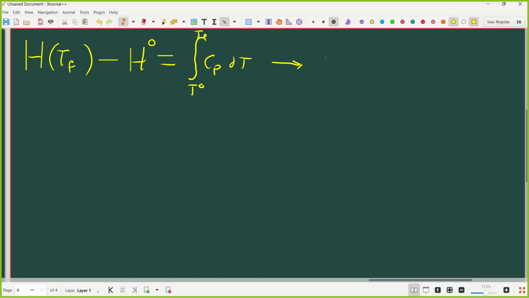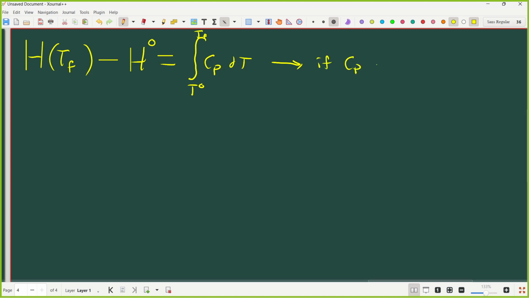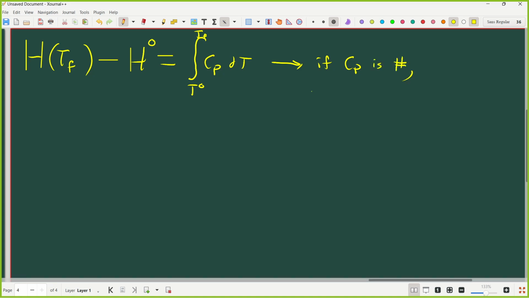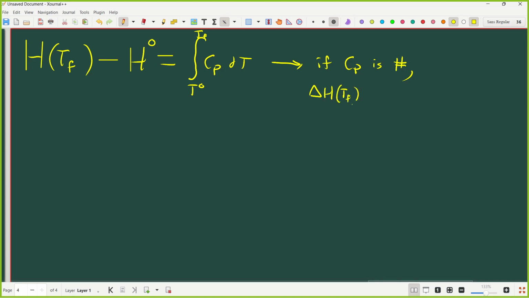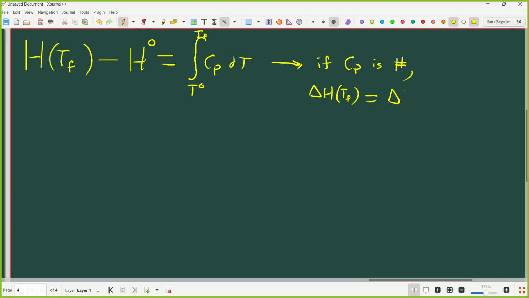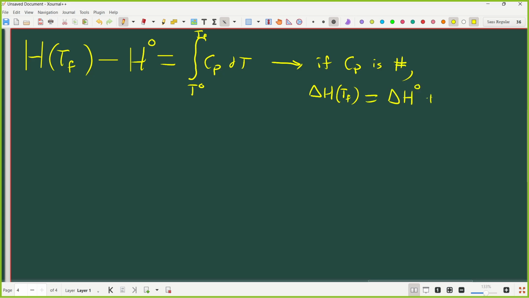If Cp is temperature independent, Cp is just a number, then delta H at a final temperature is equal to the standard enthalpy plus Cp times the change in temperature.